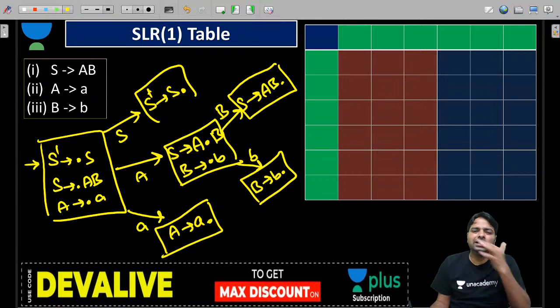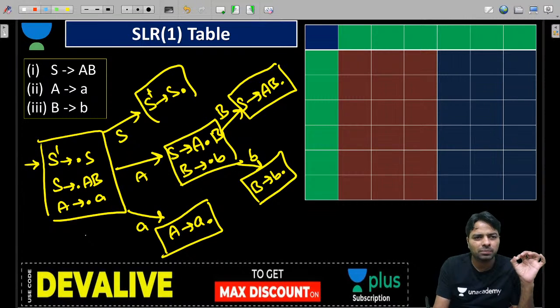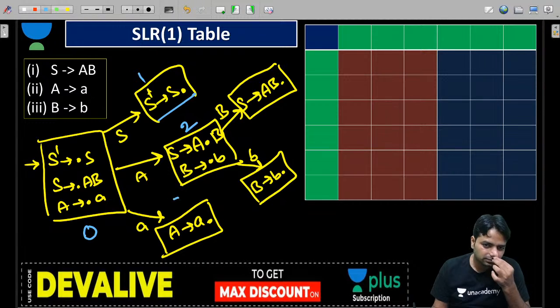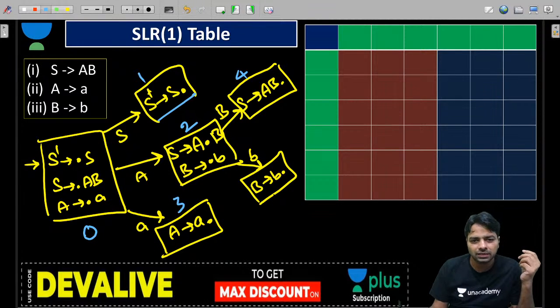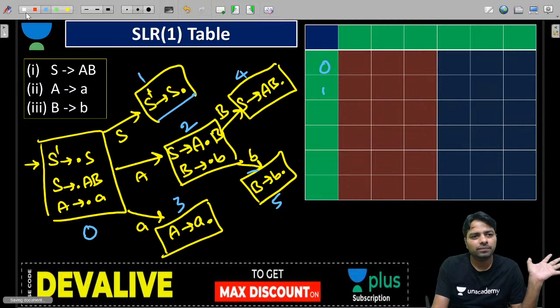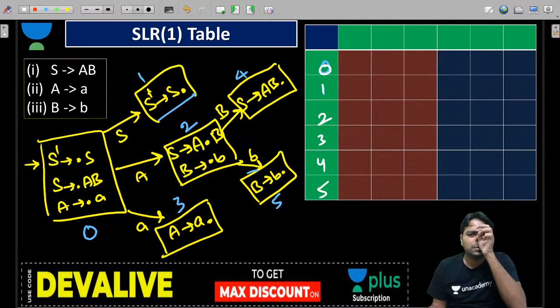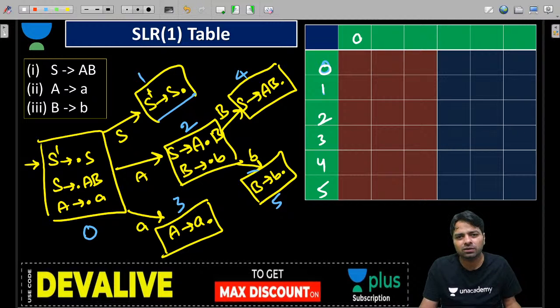If I don't speak, it hardly takes 1 minute to construct, and just number it properly one by one, 0, 1. Numbering is also your choice. These are the production numbers already given to you, so no confusion. Same grammar, same table, almost no change here at all.